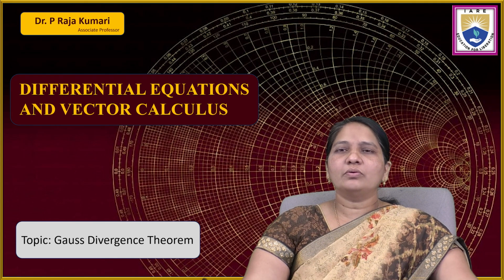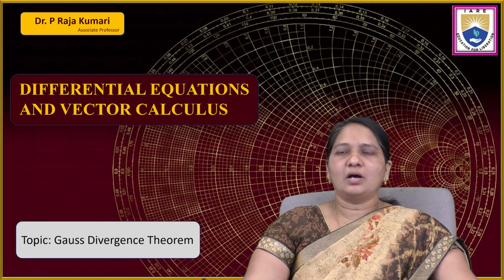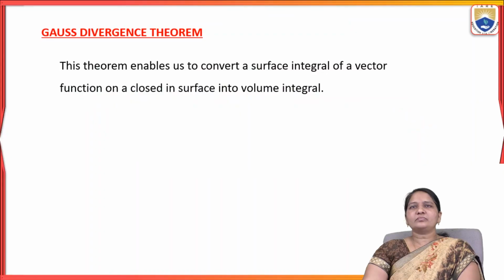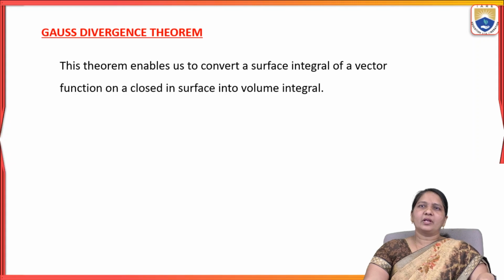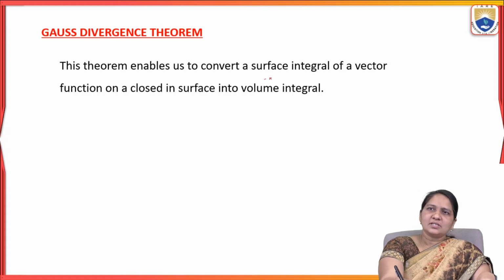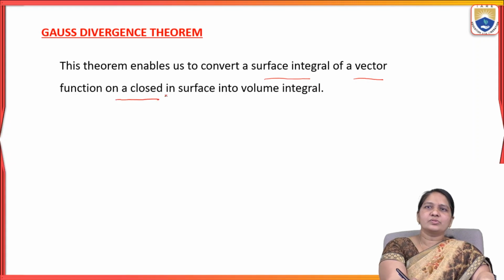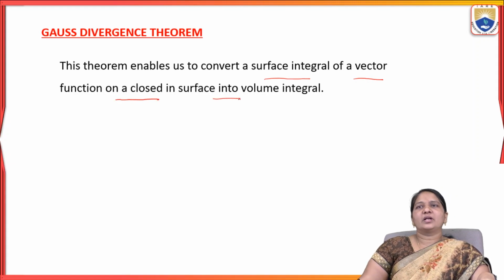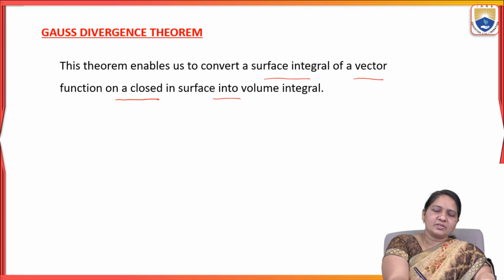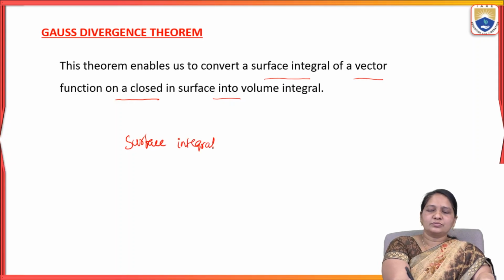So let me first tell you what the Gauss Divergence Theorem is. In this theorem, we are enabled to convert the surface integral of a vector function on a closed surface to a volume integral. So here we are getting the transformation from surface integral to volume integral.